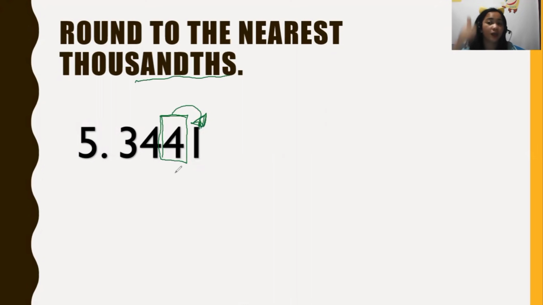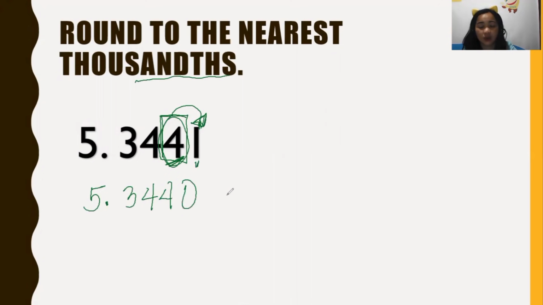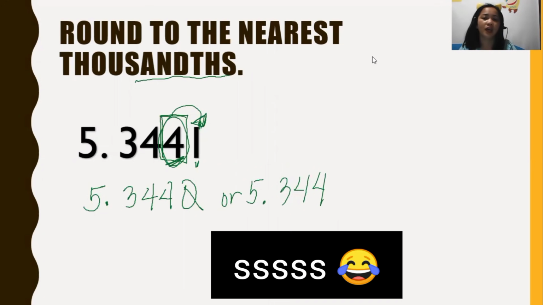So, kapag 1, it should be round down. Hindi mo babaguhin yung digit na ira-round. So, kopyahin natin si 5.34. Ito ay round down, hindi mababago. 1 will become 0. Or drop the 0, we have 5 and 344 thousandths. So that is the answer.